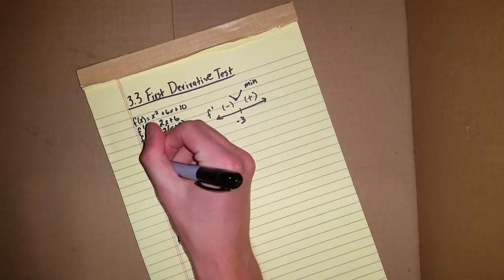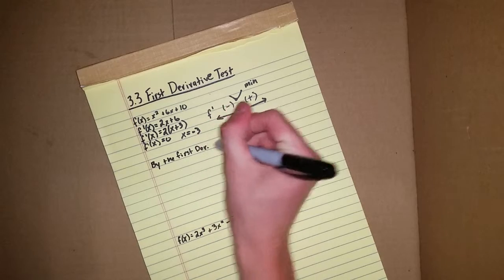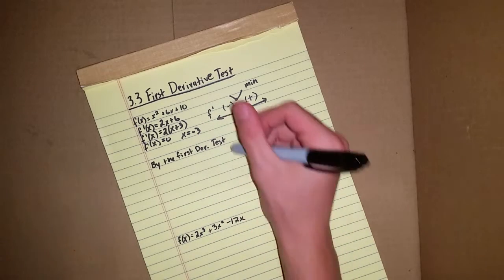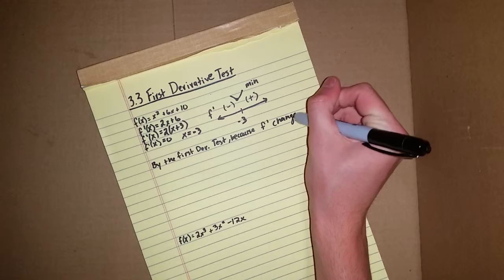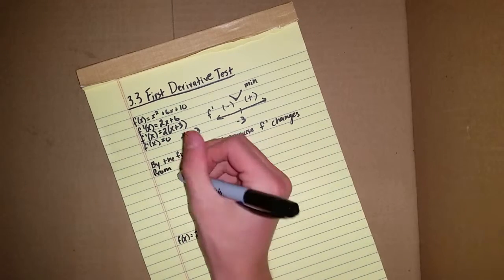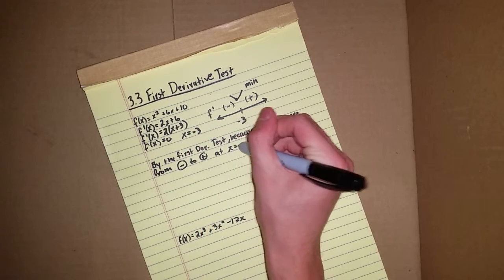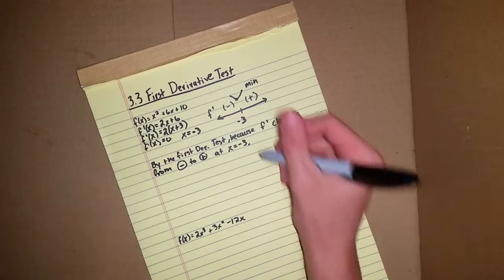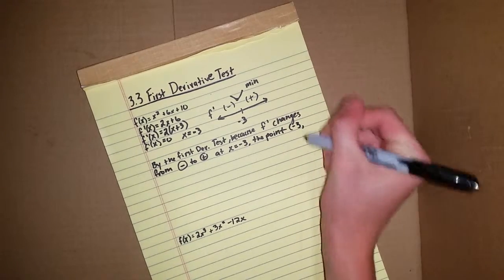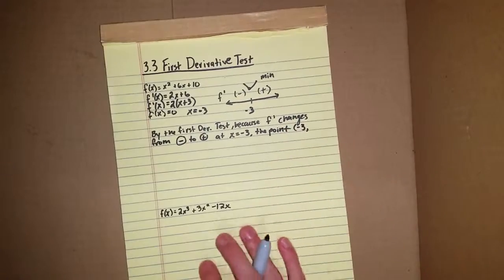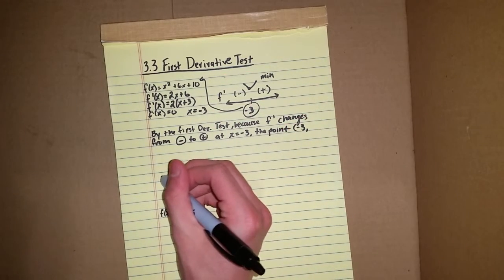So, by the first derivative test, because f prime changes from negative to positive at x equals 3, or negative 3, sorry, the point negative 3, and to find the y value of this point, you need to plug negative 3 back into your original equation. So let's do that down here.